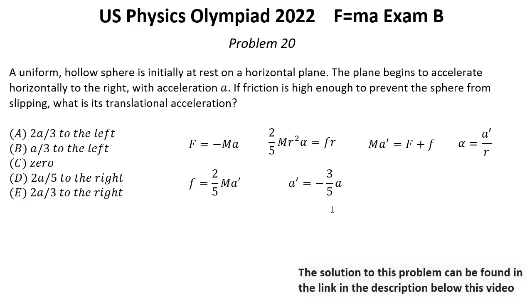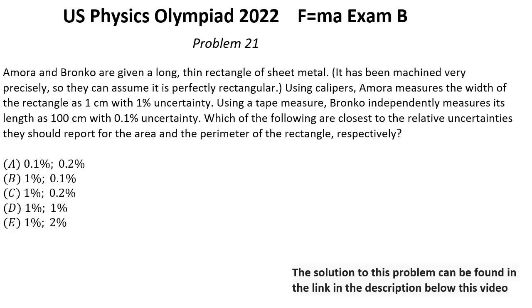Now we can go back to our original frame of reference and find that the translational acceleration equals a prime plus a, which is 2/5 a. That's answer D, and that was a solution for problem number 20.